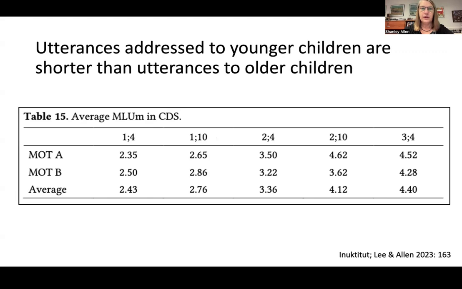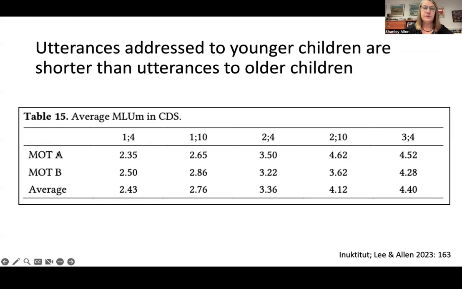And so here we see the 5 ages. Typically for this sketch, we recommend that you collect data at age 2 years, 2.5, 3, 3.5, and 4. But for Inuktitut, because we already had the data before the sketch project began, we have data from 1.4, 1.10, 2.4, 2.10, and 3.4.